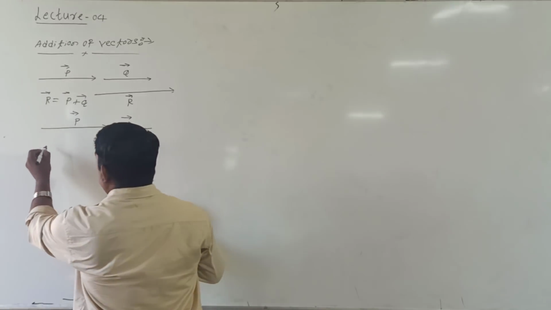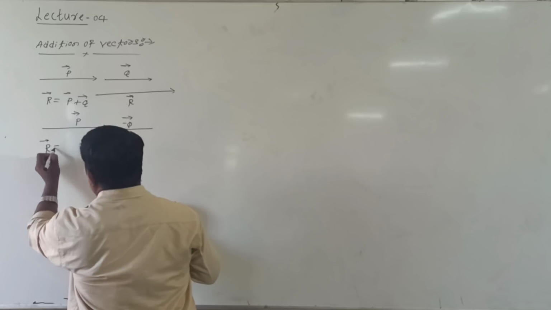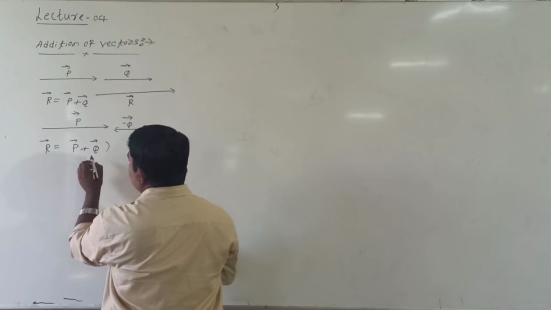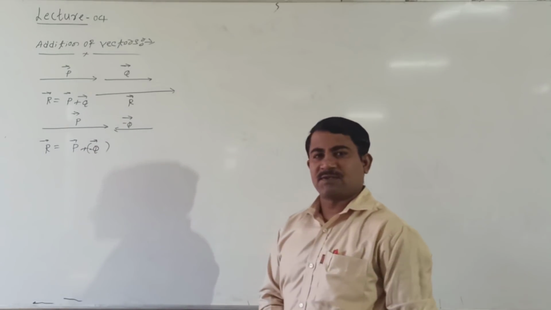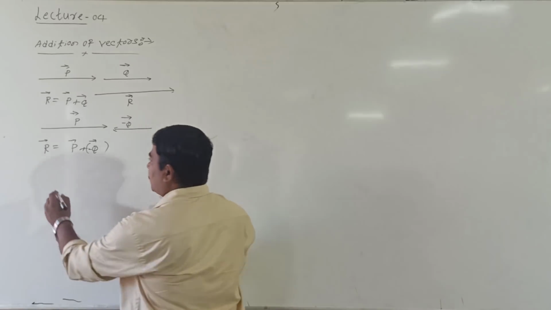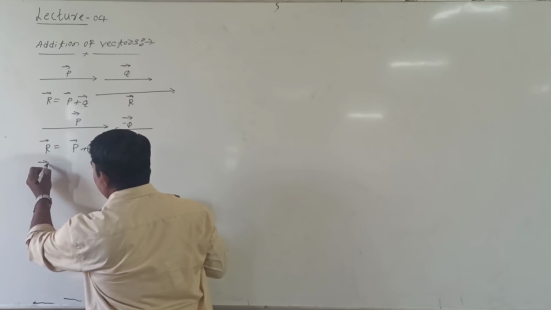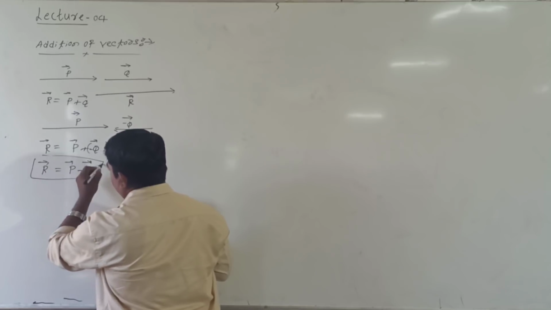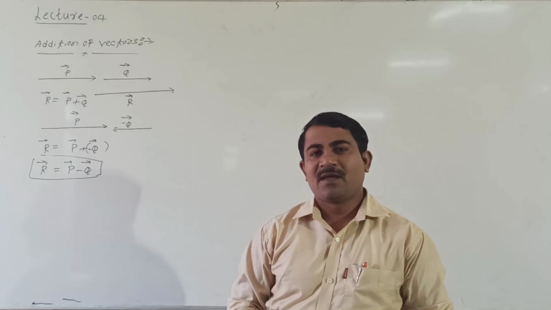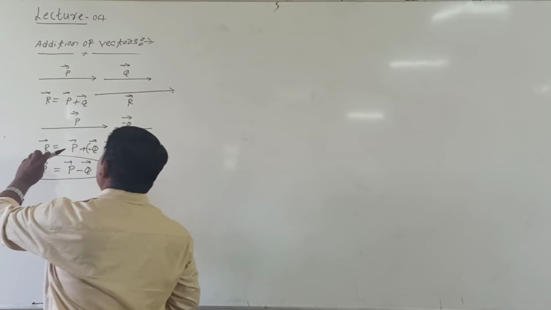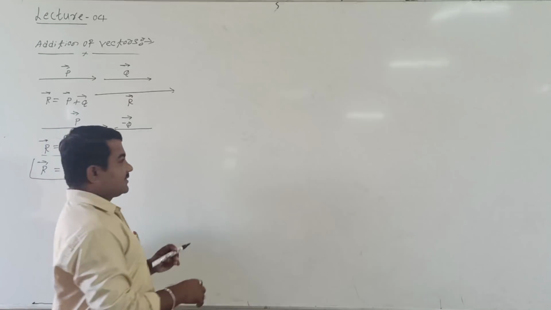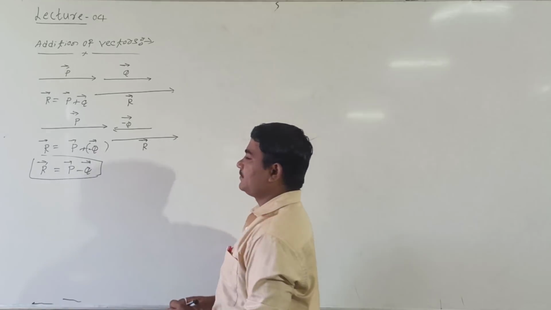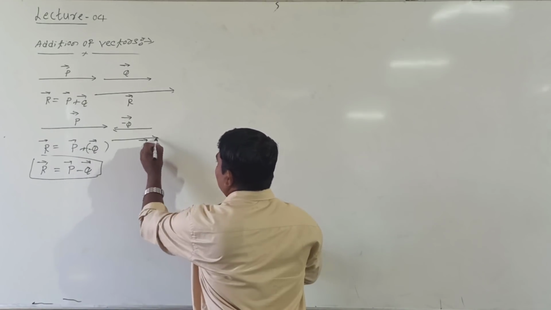Then the resultant vector r can be given: r equal to p plus the negative q, that is, r equal to p minus q. Because q is negative, being in the negative direction. The resultant vector r is represented along the vector of greater magnitude. See here, this is the resultant vector, this is the r value.